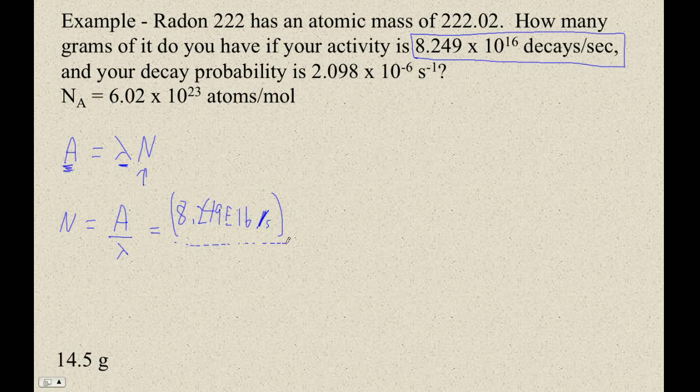divided by the probability, which is very small, 2.098 E-6 per second. It's like 2 parts in a million or something like that. This is going to be literally the number of atoms that we've got.